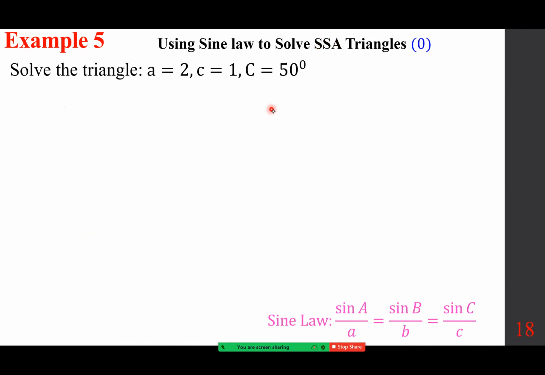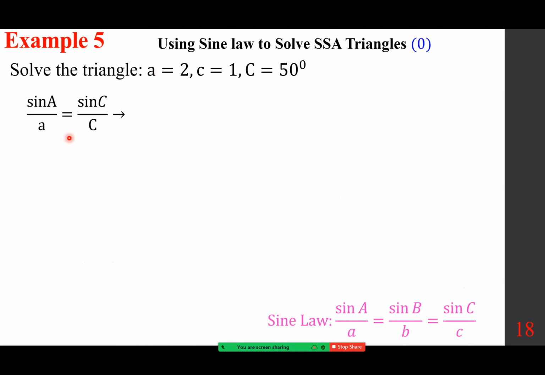Now, in this case, let's go again with the sine law. Sine A over a is sine C over c, because we got everything here, right? Except capital A is missing, everything else is here.